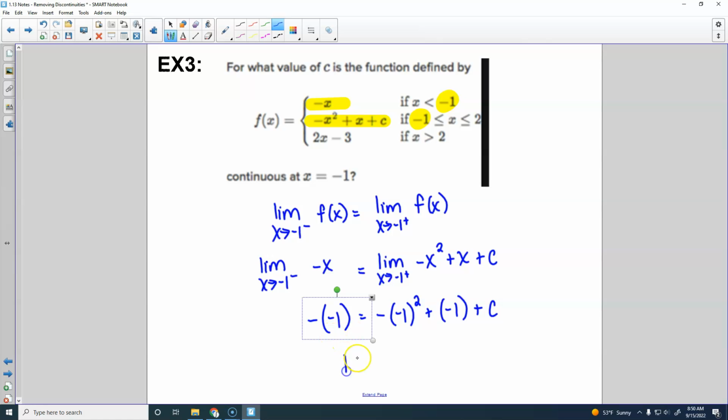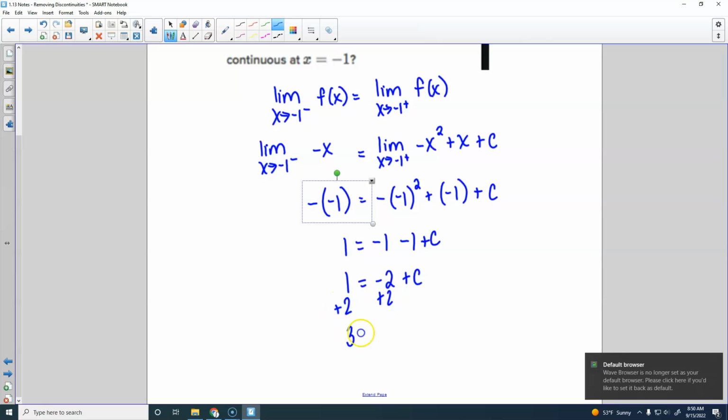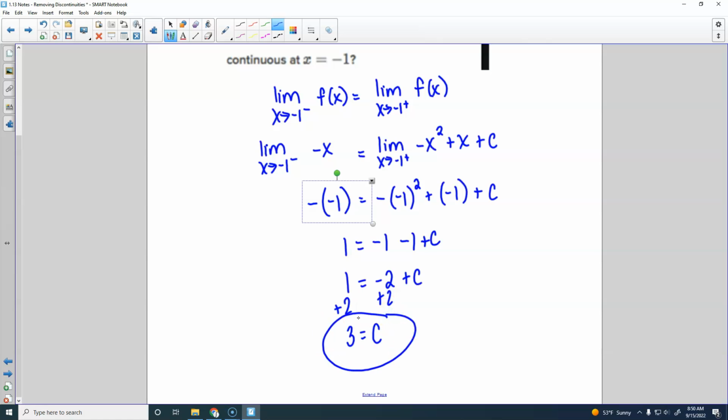And so that gives us a +1 equals, I've got -1 squared. -1 squared is +1, but you still got to keep that negative that was out here. So you get -1 here, -1 plus c. 1 equals -2 plus c. If you add that to both sides, you get a c that is equal to 3. So that would be your answer.